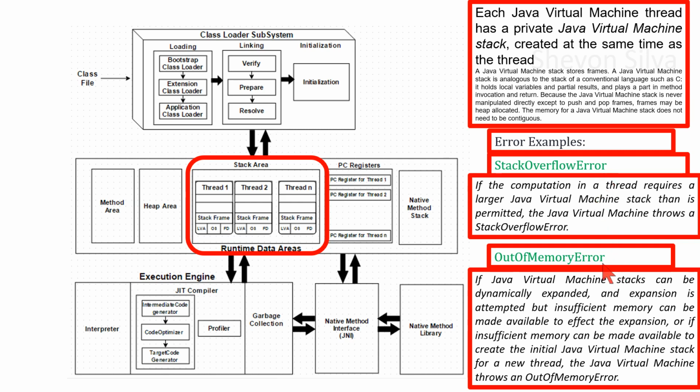If the Java virtual machine stack can be dynamically expanded, an expansion is attempted but insufficient memory can be made available to effect the expansion, or if insufficient memory can be made available to create the initial Java virtual machine stack for a new thread, the Java virtual machine throws an out of memory error.